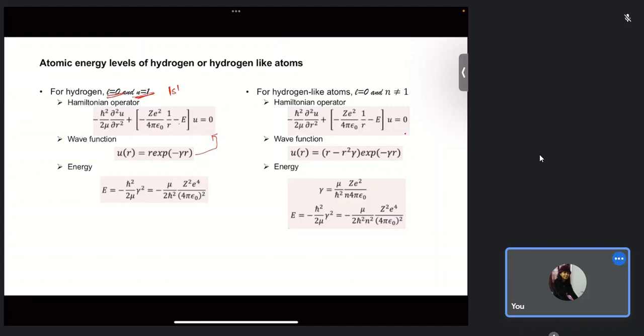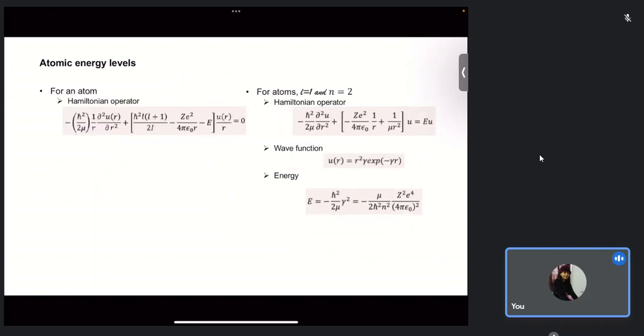Upon substituting this wave function, we can find the value of E, which comes out to be minus mu Z square e raised to 4 by 2 h cut square n square into 4 pi epsilon 0 square. So E is proportional to 1 by n square.